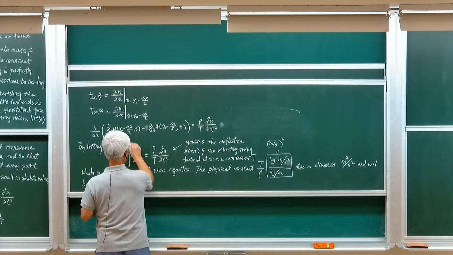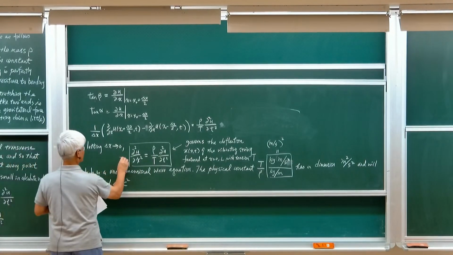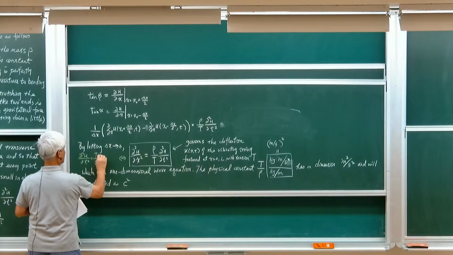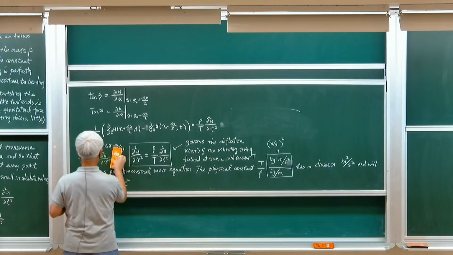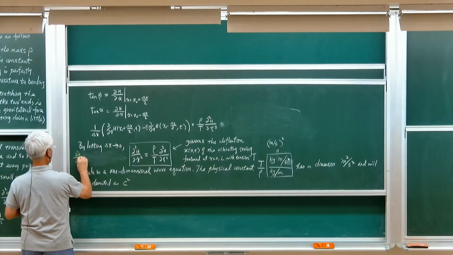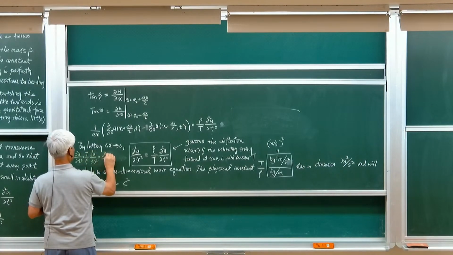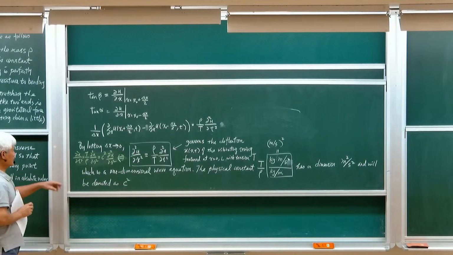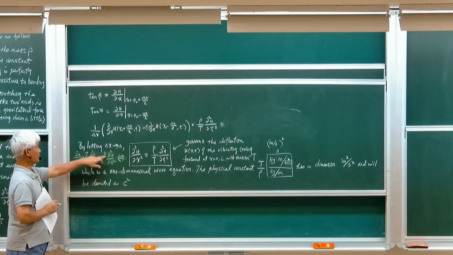And this is the standard way to write down the one-dimensional wave equation. Okay, so c square is here.